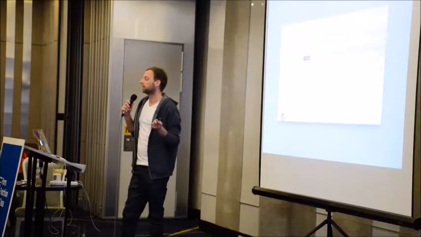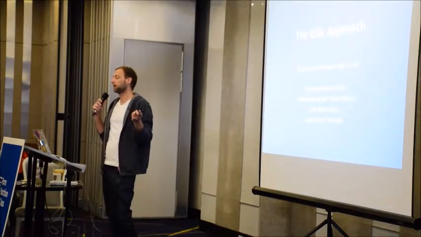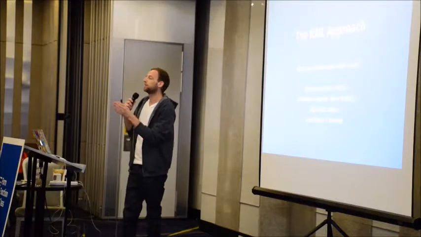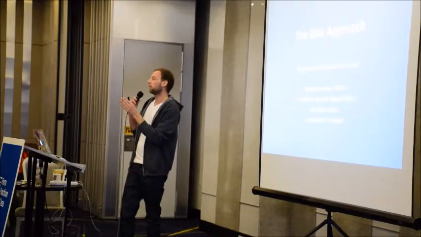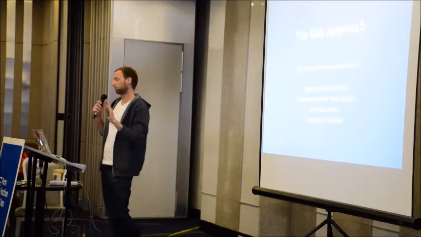I think Google came up with a formula for that, and it's called the RAIL approach, which is response, animation, idle, load. So these are the values. When you reach those, you actually know everything will be pretty much fine.